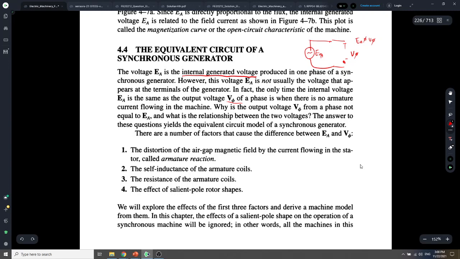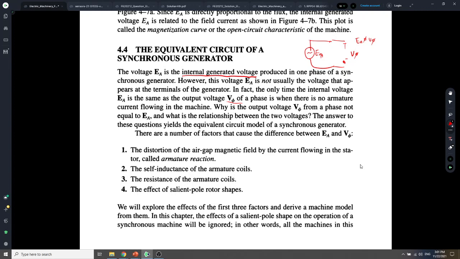This is due to the voltage drop. So why is the voltage drop? Dia tanya kat sini, why is the output voltage from the phase not equal to the EA, and what is the relationship between the two voltages? So kita kena tengok apa model, kita boleh generate nanti model dia, efek-efek dia.